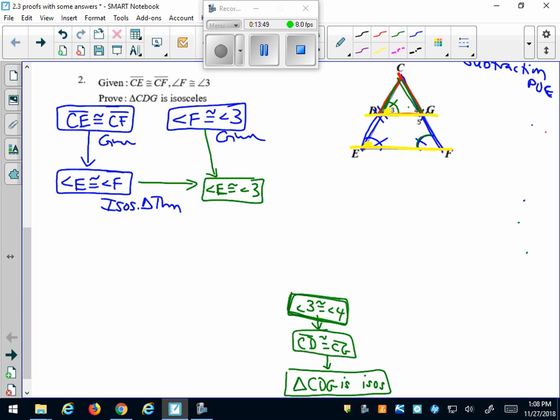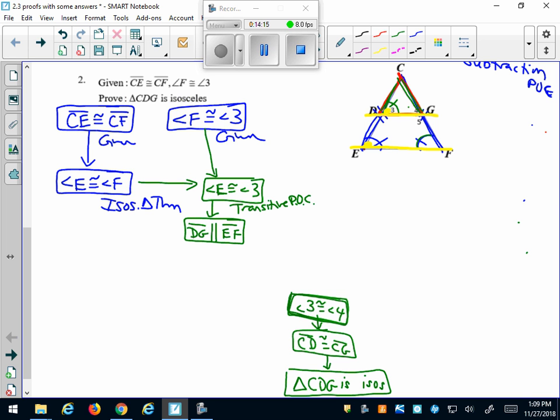Can't use substitution with congruence. Transitive, right? So E is congruent to 3 by transitive property. Therefore, we can say DG is parallel to EF.